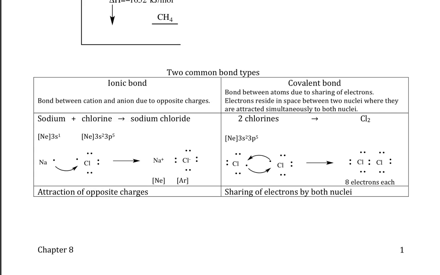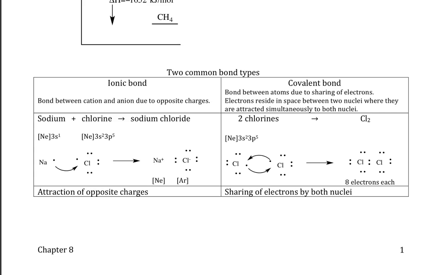So it turns out that when those two atoms come together, chlorine so much wants an electron, and sodium doesn't much mind losing an electron, that the electron, that valence 3s1 electron, goes from the sodium atom to the chlorine atom, making Cl minus.